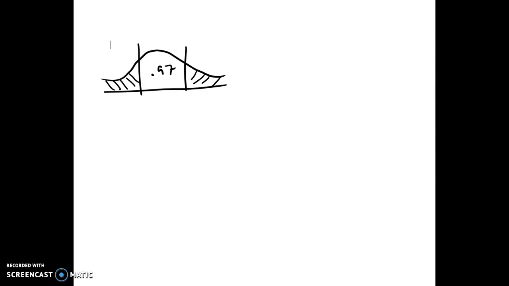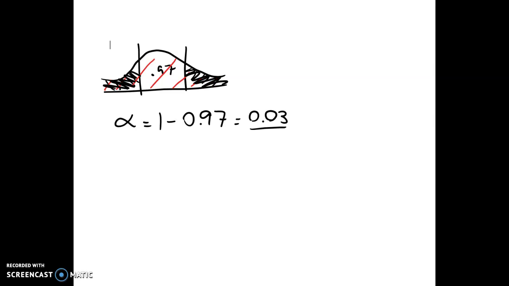Now I know that the area under the entire thing is equal to 1. Okay, so to get alpha, I'm going to do 1 minus my confidence level, which is 0.97, and that's going to give me 0.03. Now the 0.03 is the area in this left tail and this right tail.